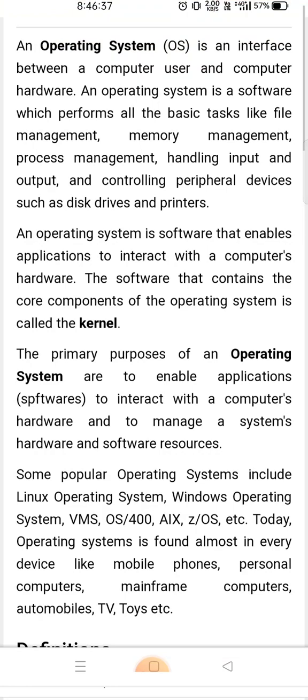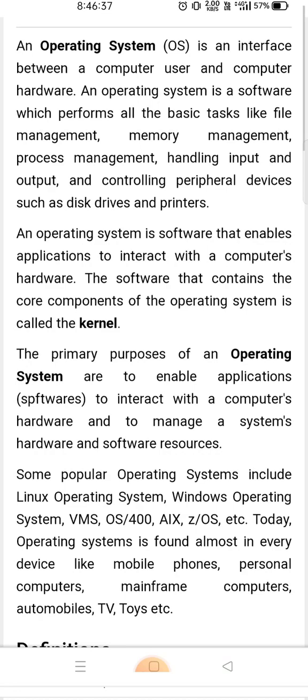We know that we are the users who use the computer, and the computer consists of hardware. We can understand only human understandable language like English, but the computer understands assembly language.